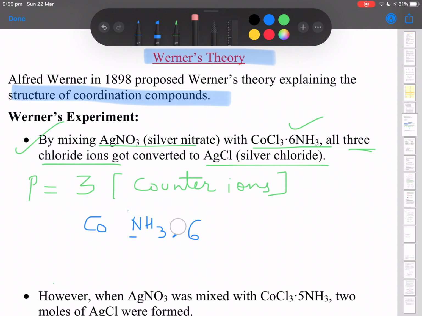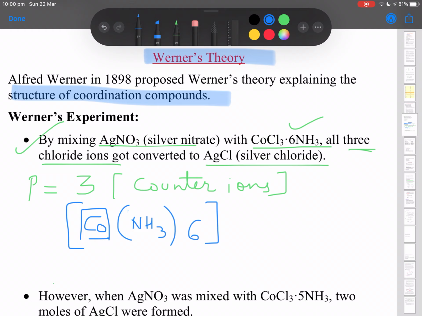These ammonia or amine ligands are non-ionizable. That means they are associated with the metal by, not metallic bonding, sorry, coordinate bonding. Since they are closely associated with the metal with the coordinate bond, they are considered as ligands.